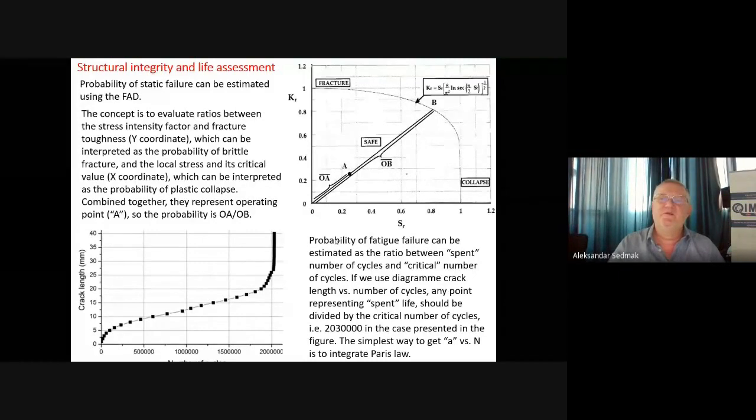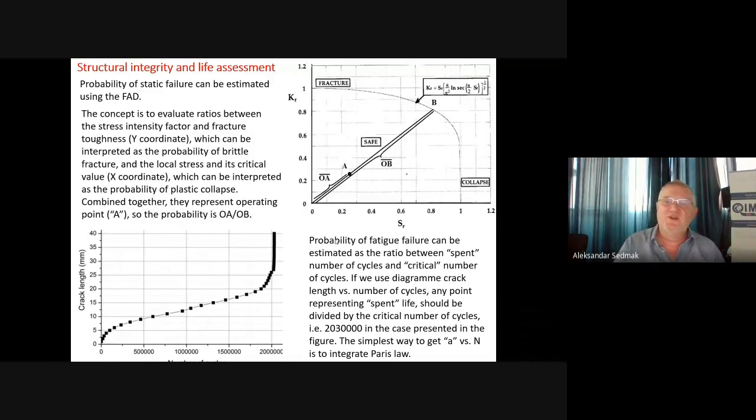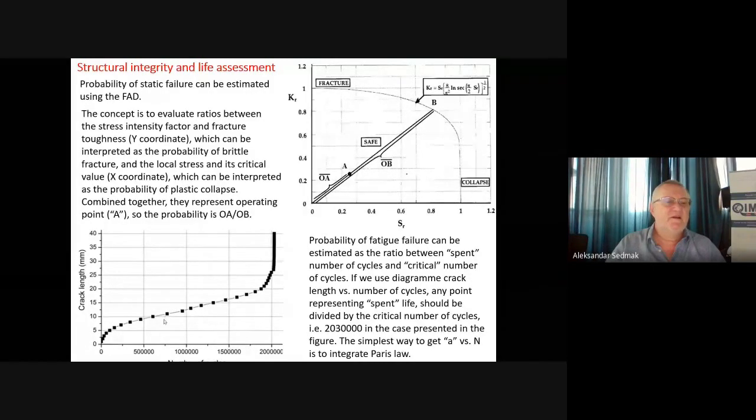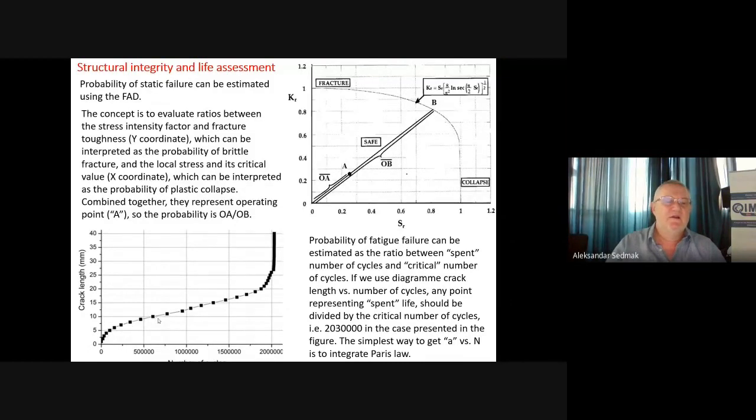On the other hand, if we would like to assess structural life and prevent, let's say, fatigue failure, we can use a diagram as shown here, crack length versus number of cycles. We can, in a way, follow how the crack grows with repeating cycles with a certain amplitude of stresses.